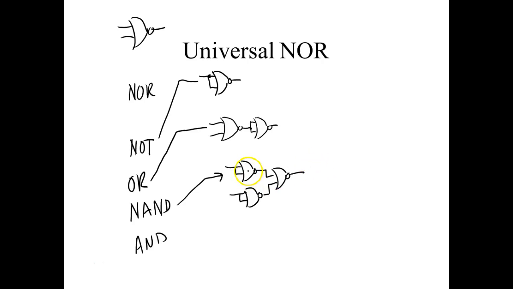Because if these are inverters, that means I'm going to replace the symbol of the inverter with a symbol that represents it. And that would be the logic, which is an AND. Oh, it's an AND. I did have it right.